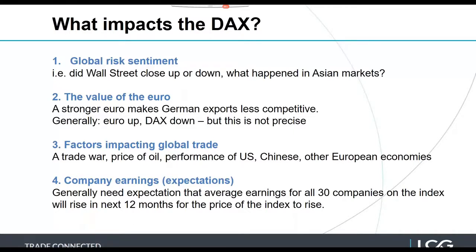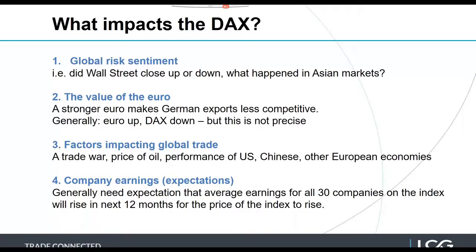The price of oil can affect it as well. Obviously, oil is a big chunk in terms of cost in the supply chain, particularly for industrial and chemical companies. So if the price of oil is going up, the cost of them doing business goes up as well. The only other impact is that oil prices going up can reflect global demand in a strong economy.